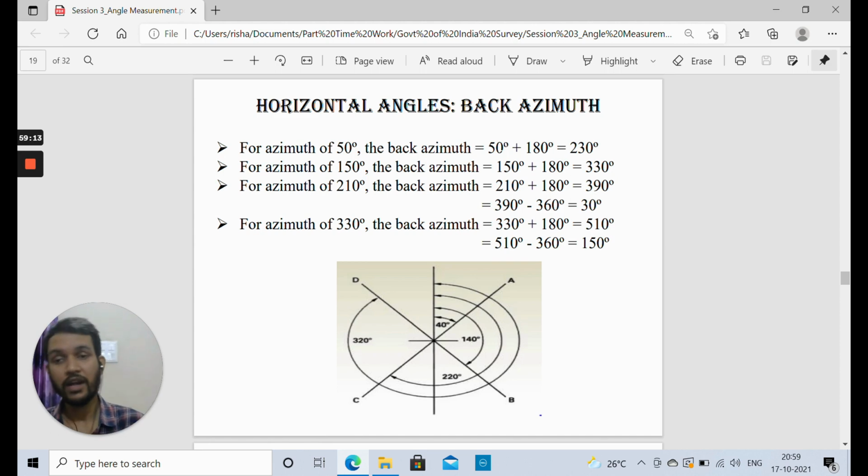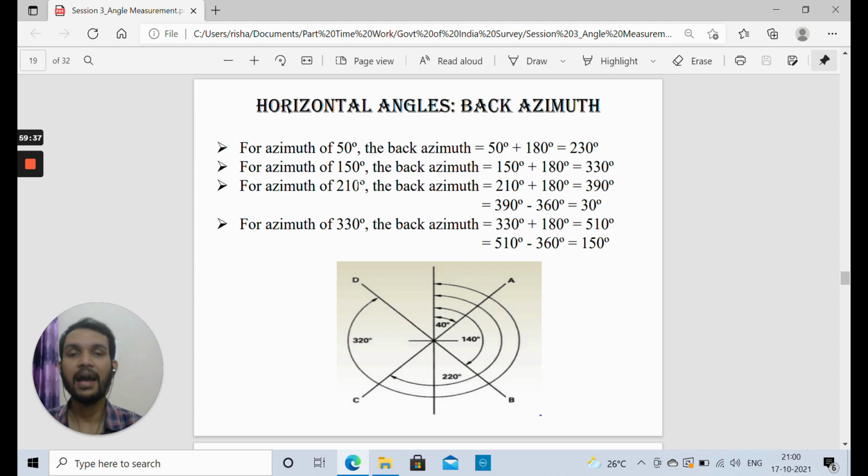But now if we are talking about an angle of 210 degree, that is, a line making an angle shown here with reference to the origin. You can see this line OC. If we talk about this line, it is making an angle greater than 180 degree. Suppose we consider that the azimuth of a particular line is 210 degree.